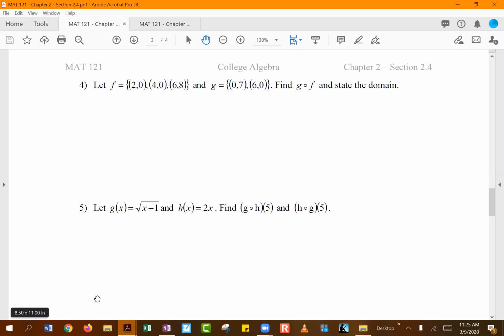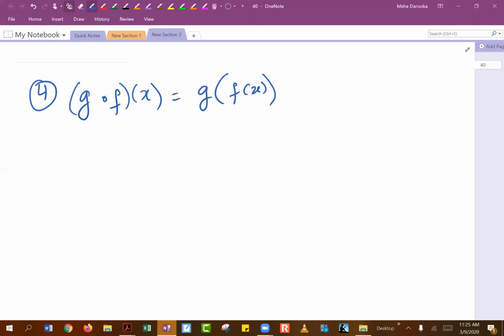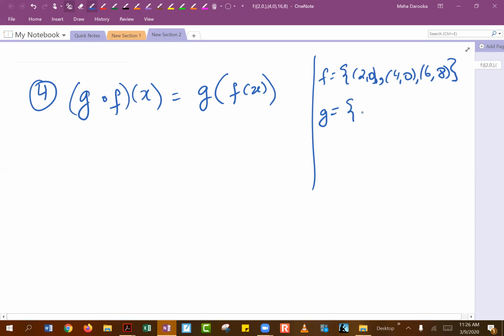Since f is the inside function, let me go ahead and write these definitions down. We're given f as (2, 0), (4, 0), and (6, 8). g is (0, 7) and (6, 0).